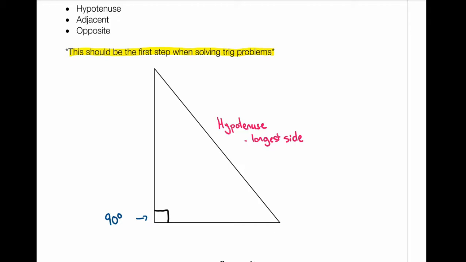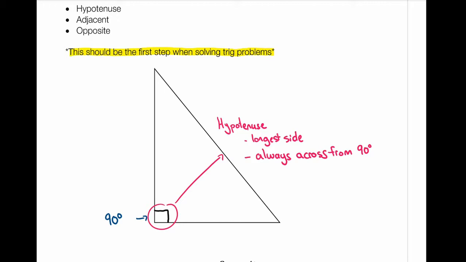So another characteristic is that it's always across from the 90-degree angle. If we can identify the 90-degree angle, which we should be able to because it is going to be a right-angle triangle, we just have to go directly across from it and we'll find the hypotenuse.